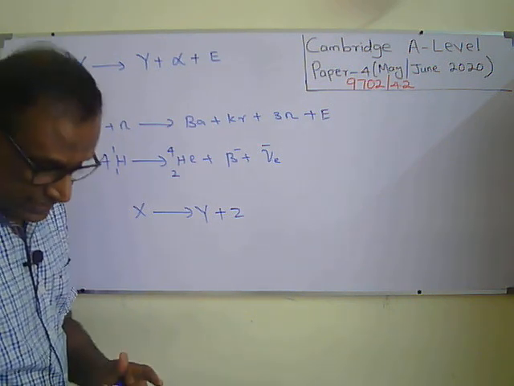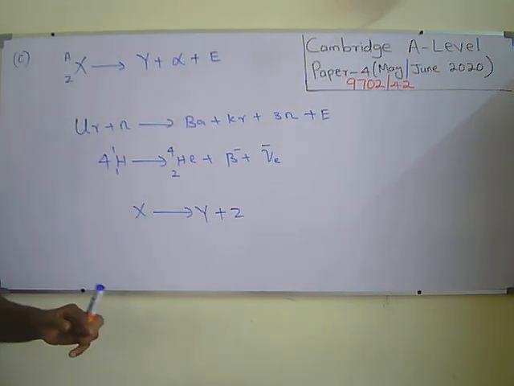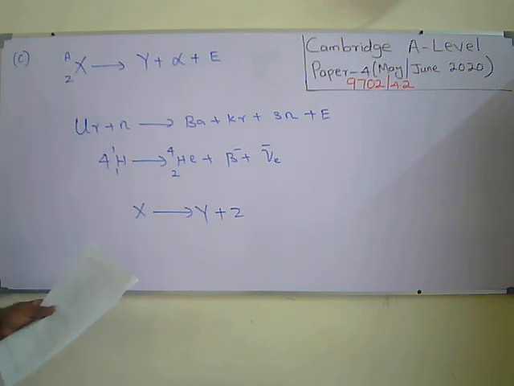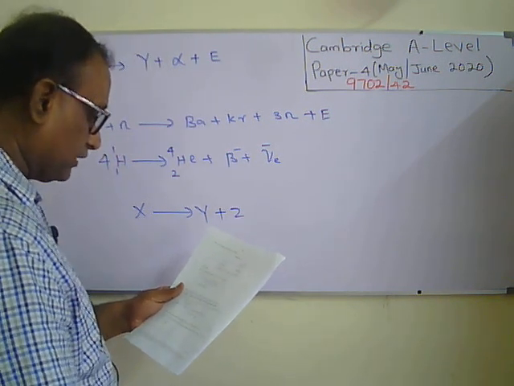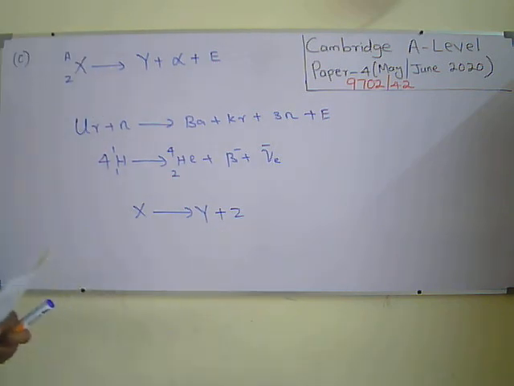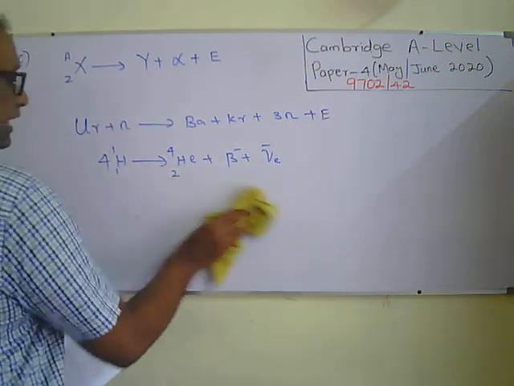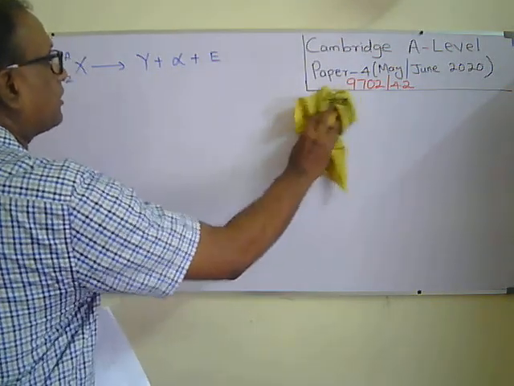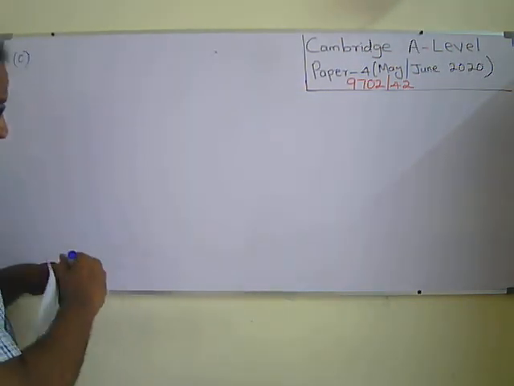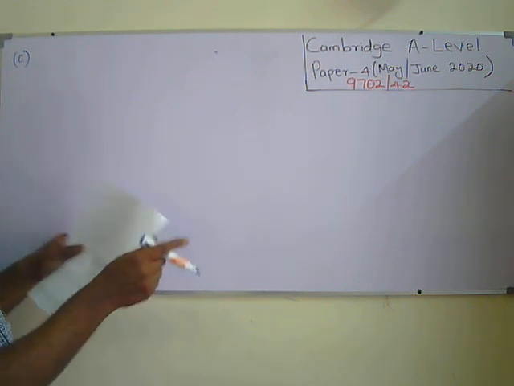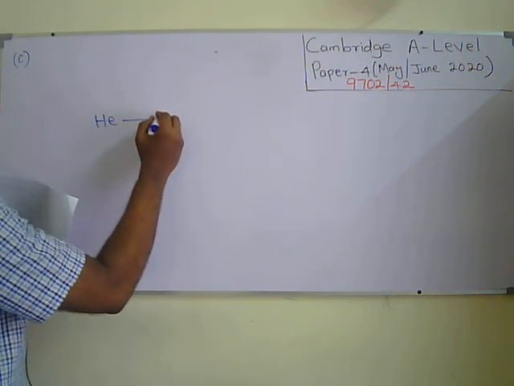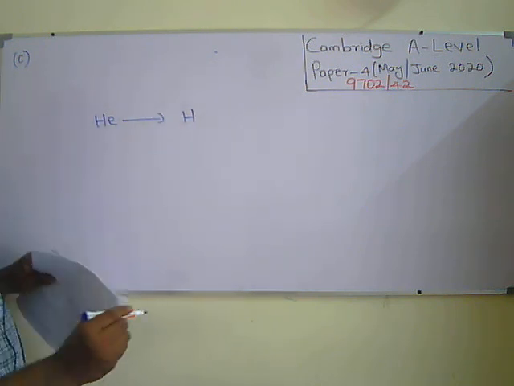So here they are saying the binding energy per nucleon of the hydrogen is smaller than that of the helium. We found it: the binding energy per nucleon of helium is 7.09 MeV. So if you think about this reaction, helium becomes hydrogen, is it possible for that to happen?